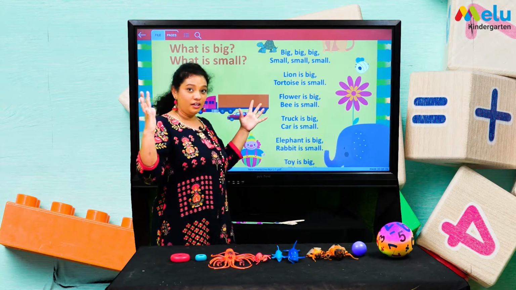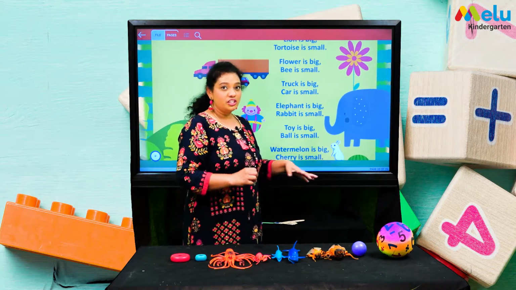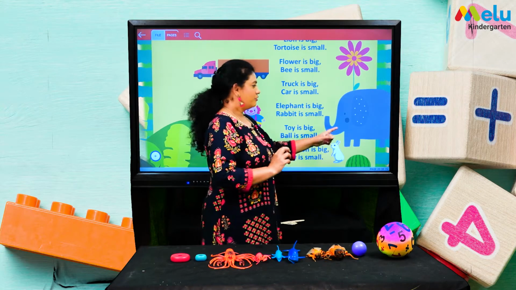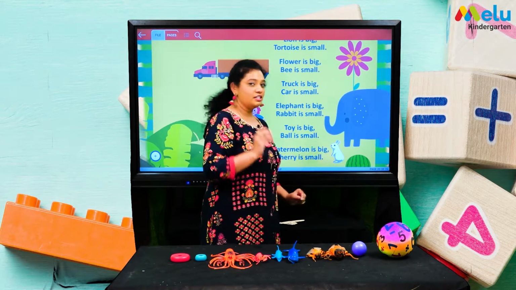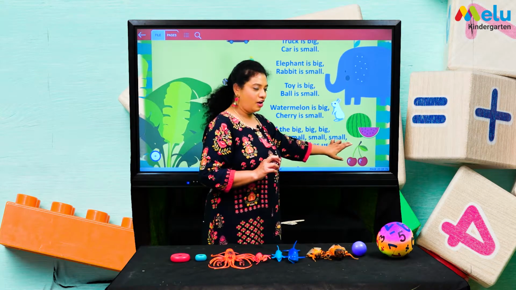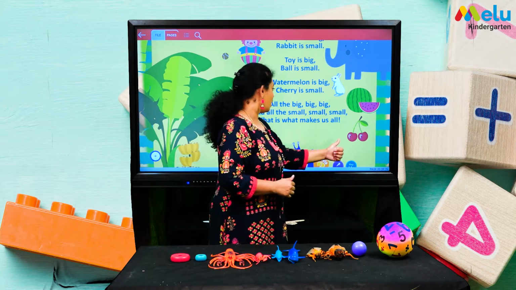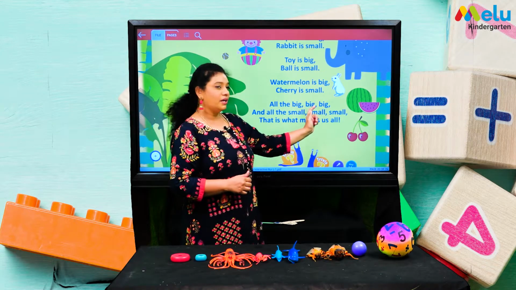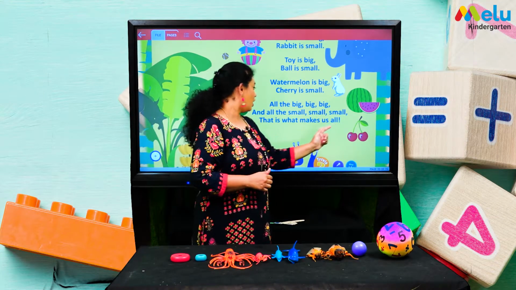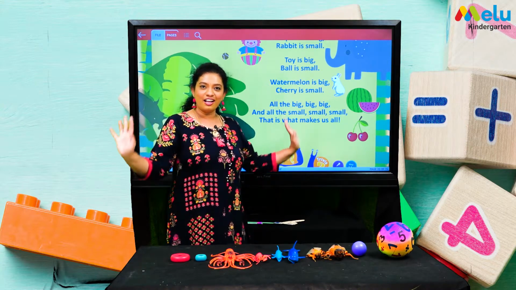Elephant is big, rabbit is small. Melon is big, cherry is small. All the big, big, big and all small, small, small.